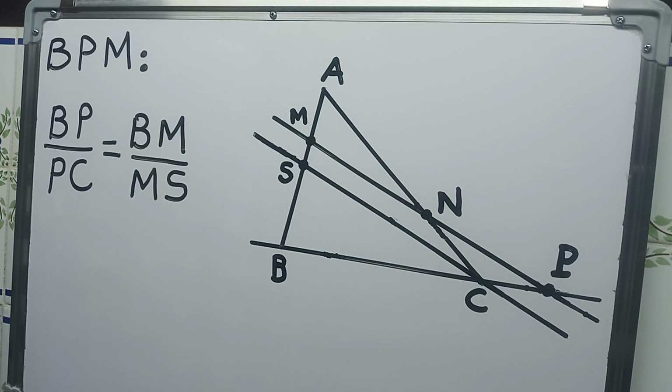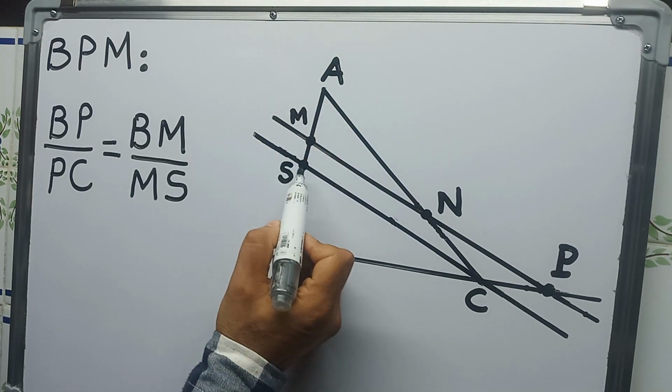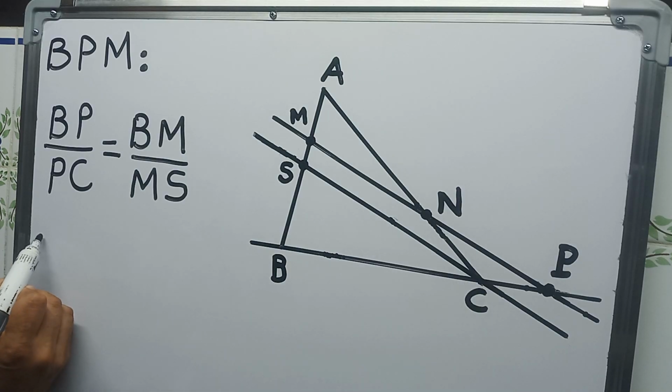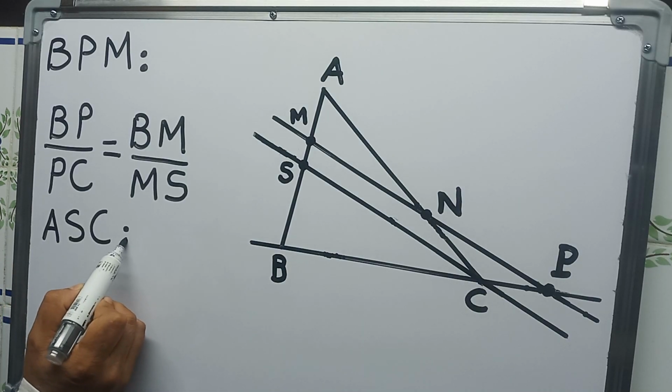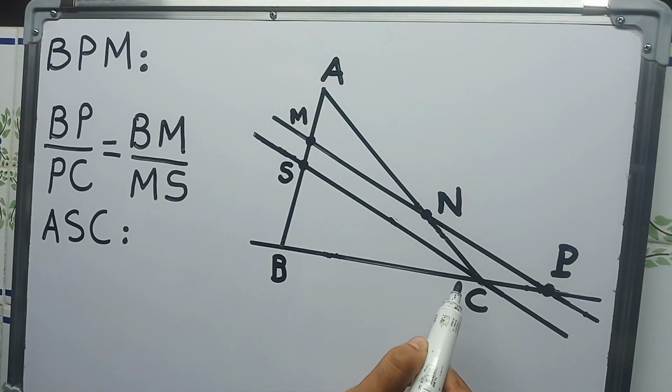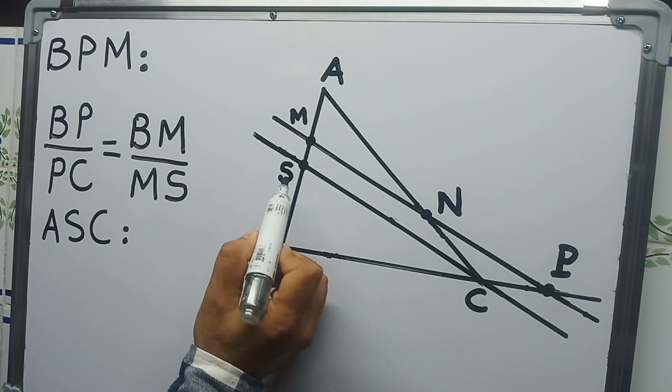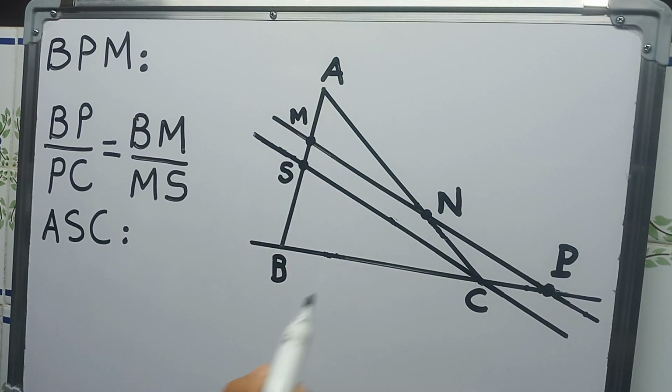And the second triangle that we will use is the triangle ASC. In this triangle, the triangle ASC, we have MN is parallel to SC.